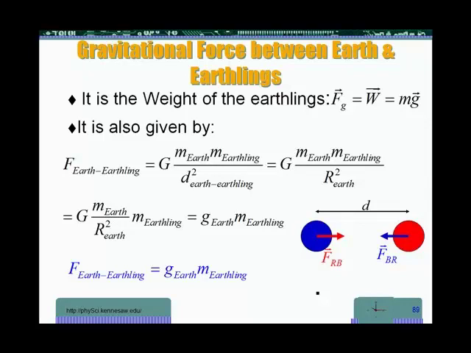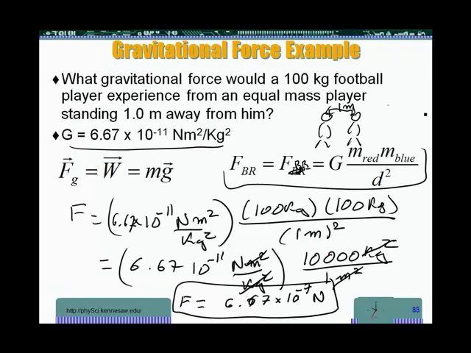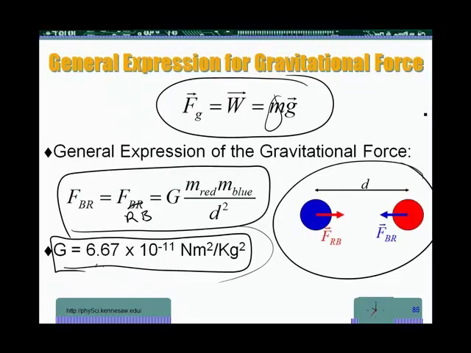What's going on here? Now we said whenever we have someone on Earth, let's call that someone an Earthling, they are going to experience this gravitational force. But then we also said that any two masses are going to exert a force on each other that's given by, let me go back a few screens, this expression.